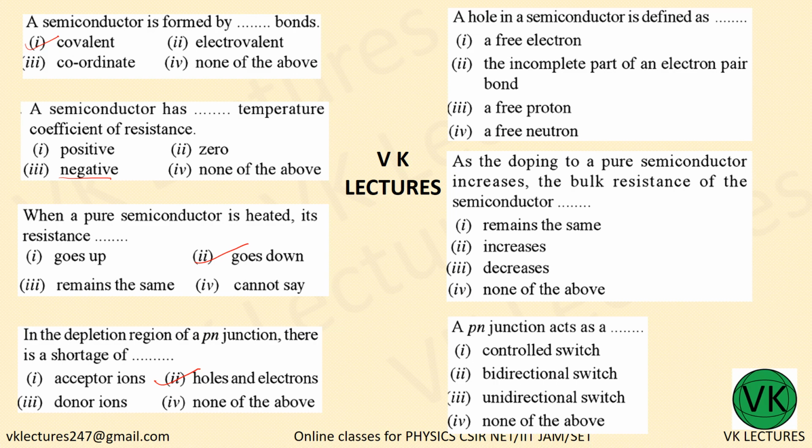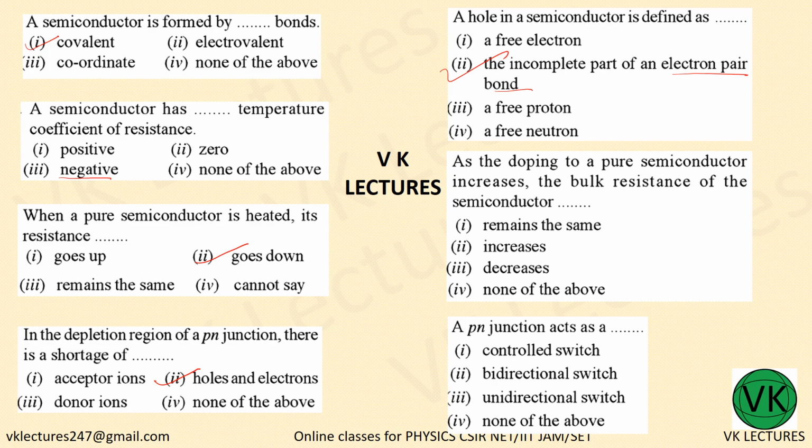Once the holes and electrons have exchanged, there are no holes and electrons; they exist together. A hole in a semiconductor is defined as not a free electron, but an incomplete part of an electron pair bond. That is the second.